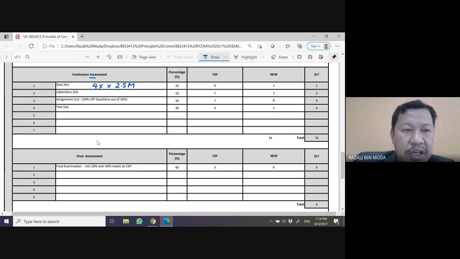And then we have laboratory, which is basically using software, either MATLAB or Simulink or any software which we will discuss later. Each lab will give you 5 marks, so it becomes 10.